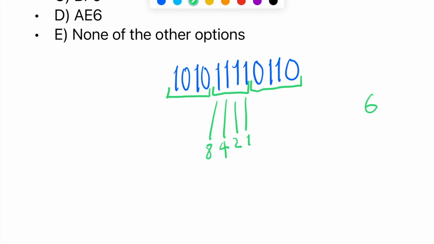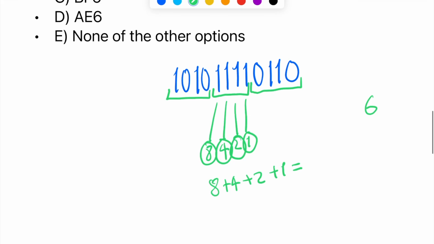We are using all 4 in this case, which is crazy. So 8 plus 4 plus 2 plus 1 equals 15. I'll put this in our little basket.